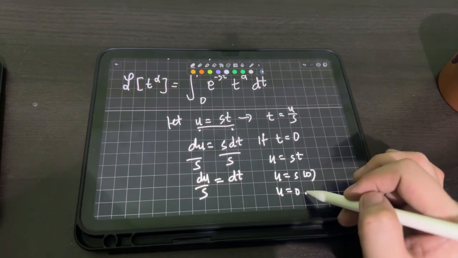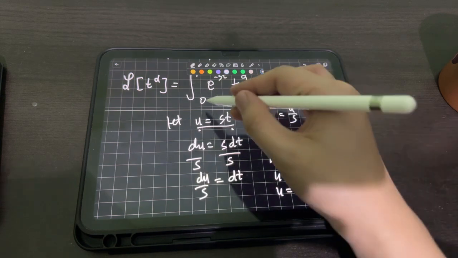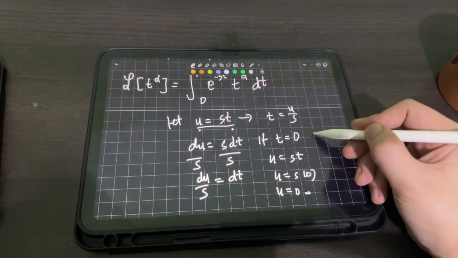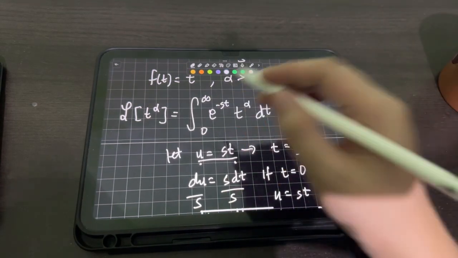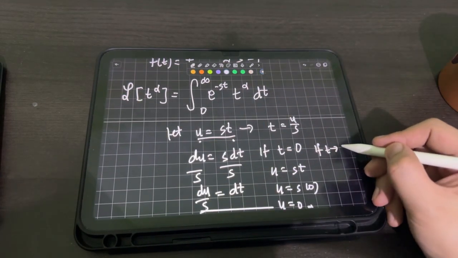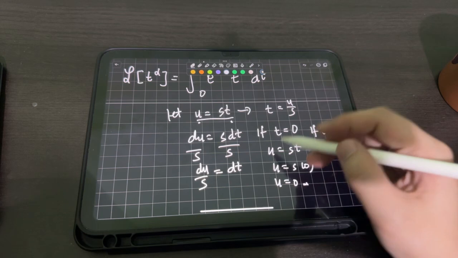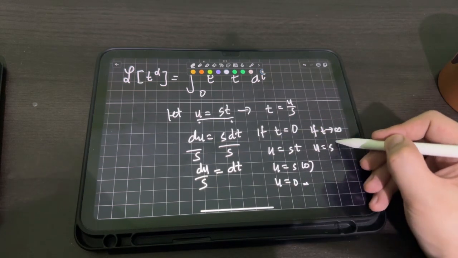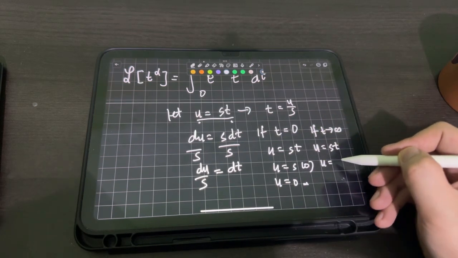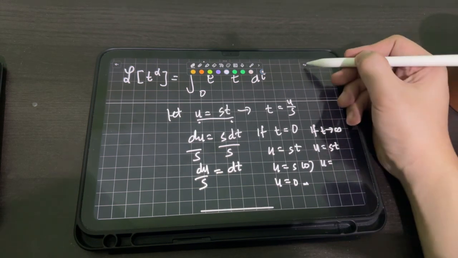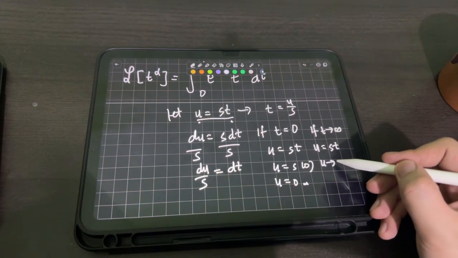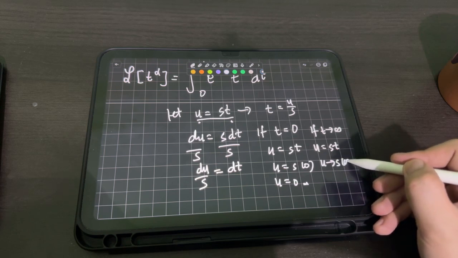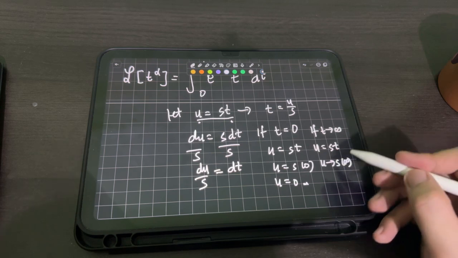So this is the new lower limit of the integral in the new variable u. What if t is infinity for the upper limit? So t approaches infinity. Substitute in u is equal to st. Since t is approaching infinity, u should also approach infinity if s is greater than 0, right?